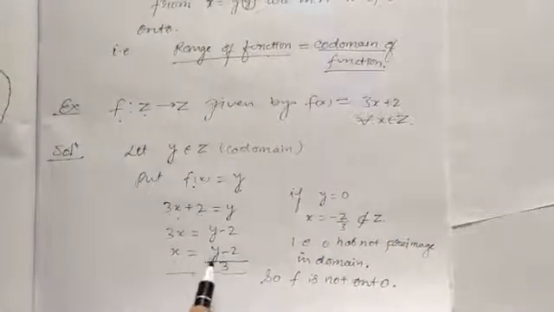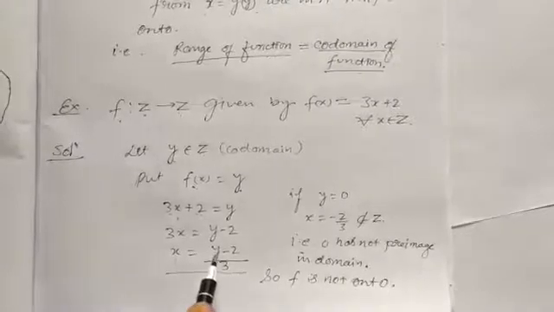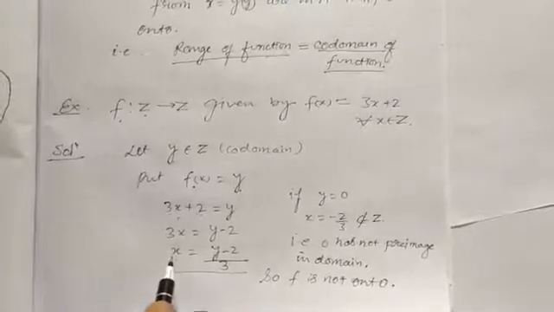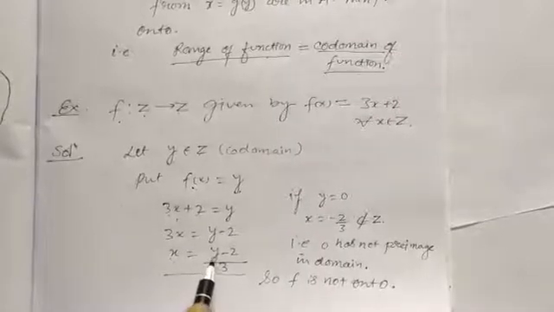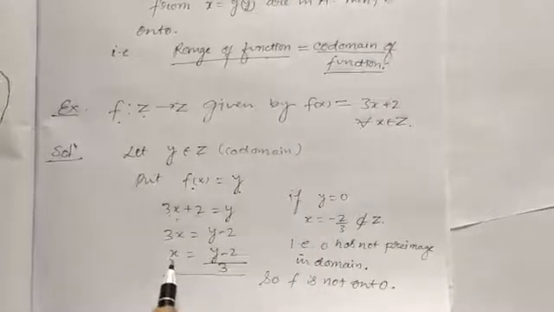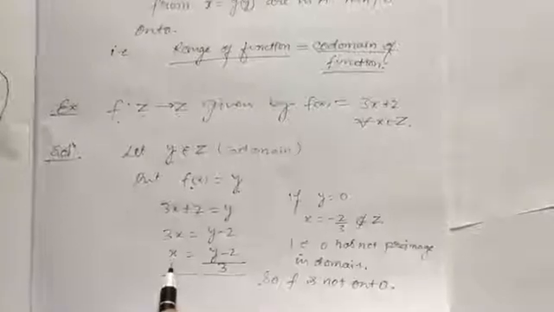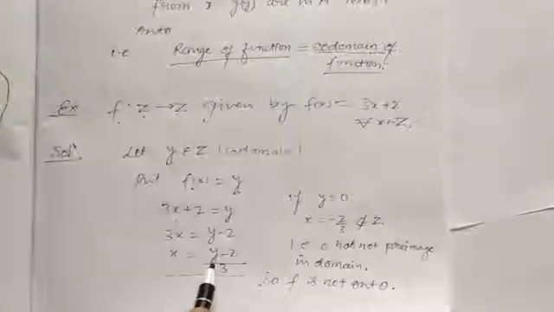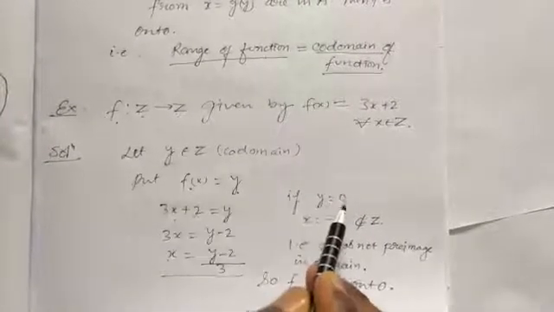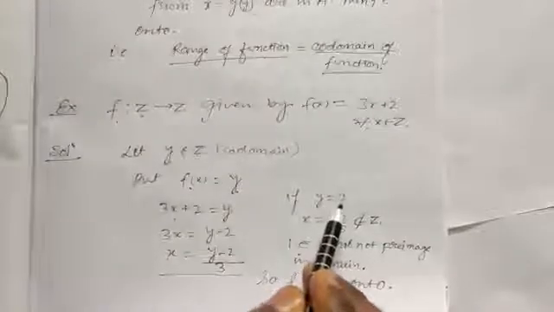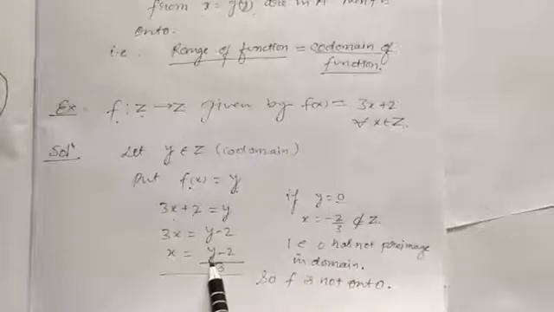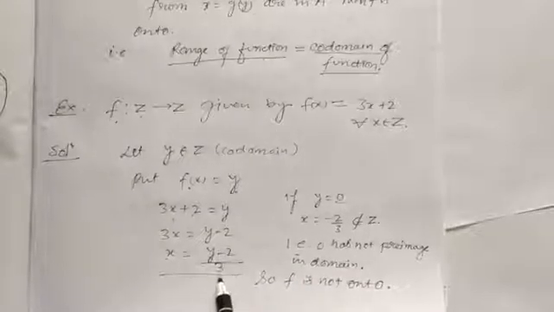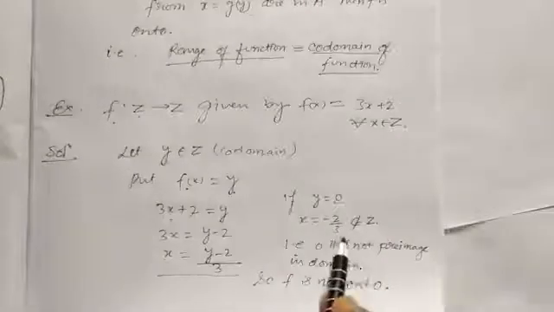If for any value of y, x is not an integer, then that integer does not possess a pre-image in the domain set. For example, let y equal 0. 0 is an integer. If we put 0 here, you will get x equals minus 2 by 3, which is not an integer.